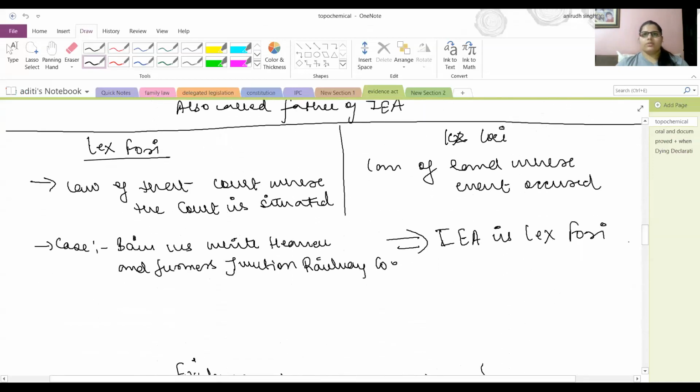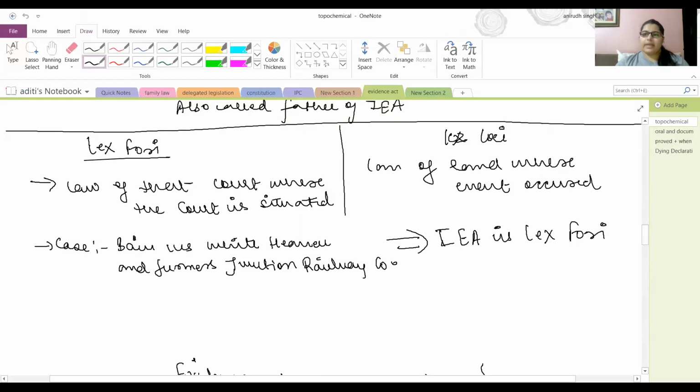Now, there are two terms that need to be taken into consideration. First is lex fori, and next is lex loci. So, what are lex fori and lex loci? Lex fori refers to the law of the court where the court is situated, and lex loci means the law of the land where the act occurred. The Indian Evidence Act is lex fori.